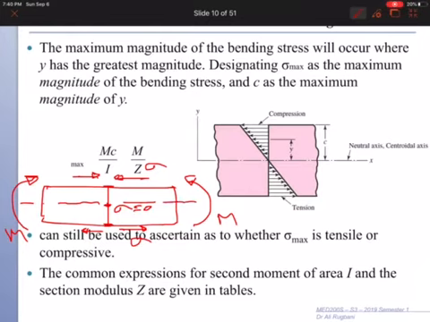So maximum compression is at the top, maximum tension is at the bottom. So let's add letter T to say this is tension, and letter C for compression.